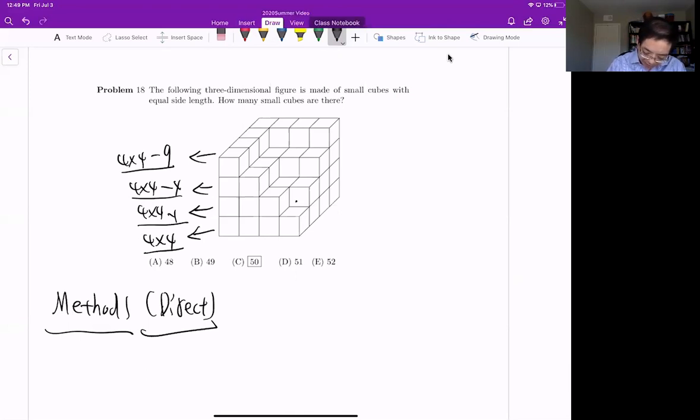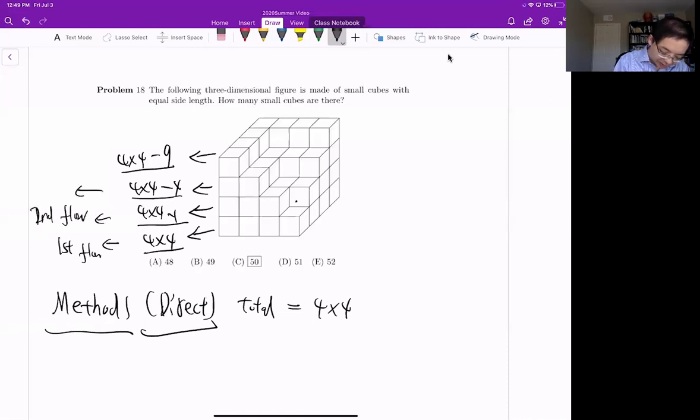All right, so then we have the total equals 4 times 4. Maybe I put it, so this is the first floor. This is the second floor. This is the third floor. This is the fourth floor, right?